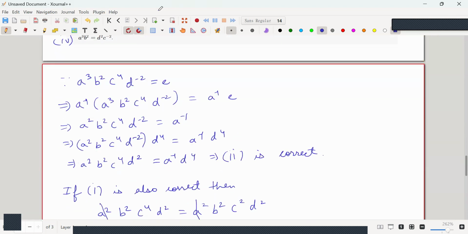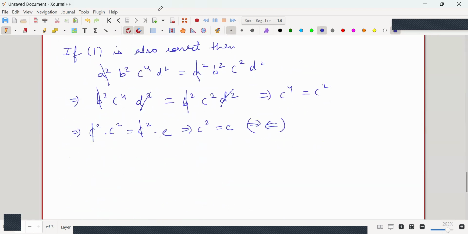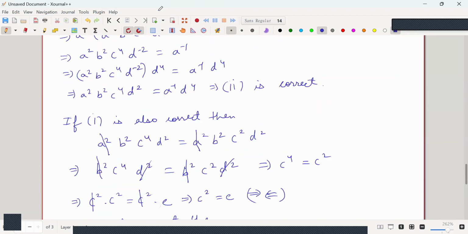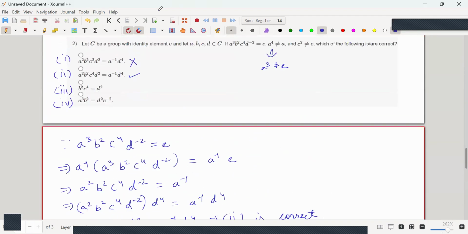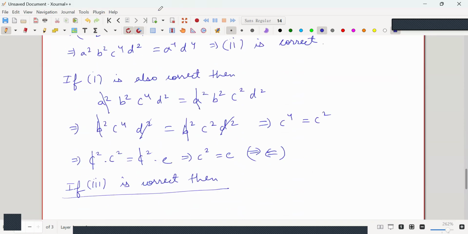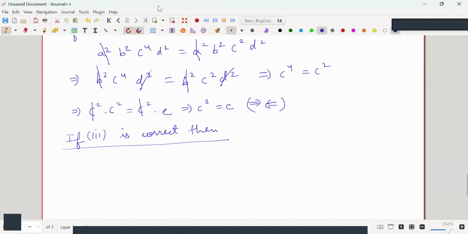If the third is correct, then let's first try to come up with the LHS part from whatever equation we are given, and then we will see if the equality is there.